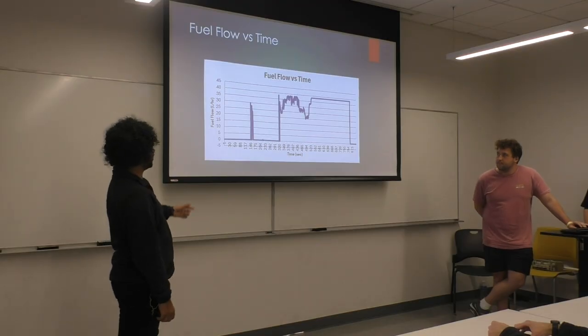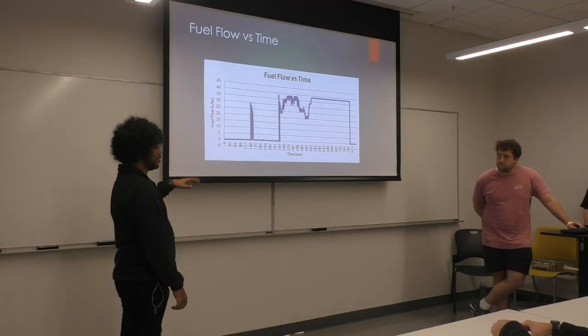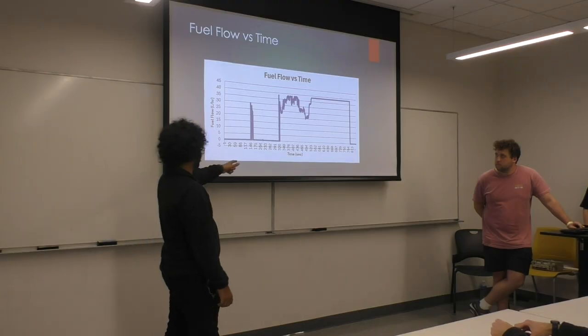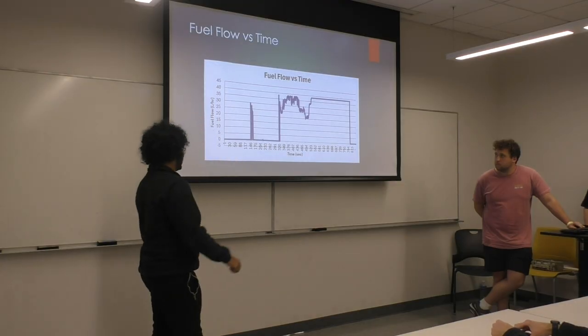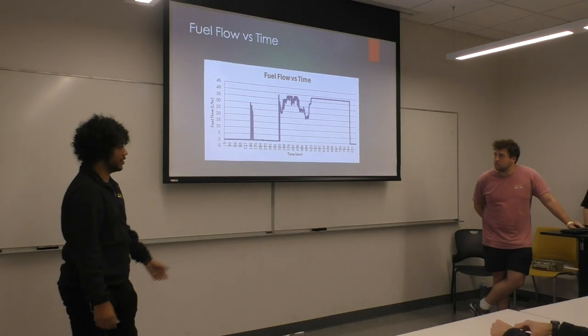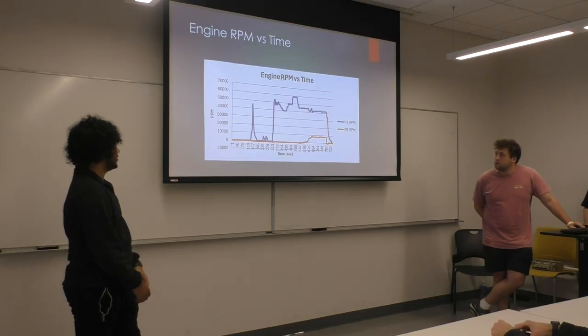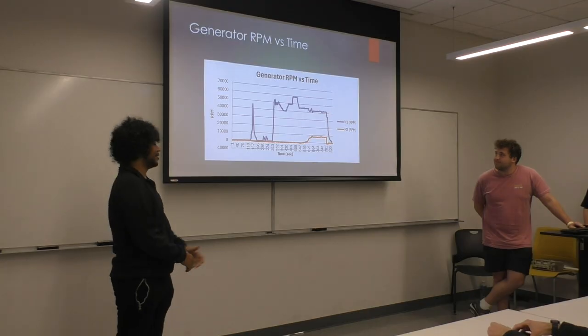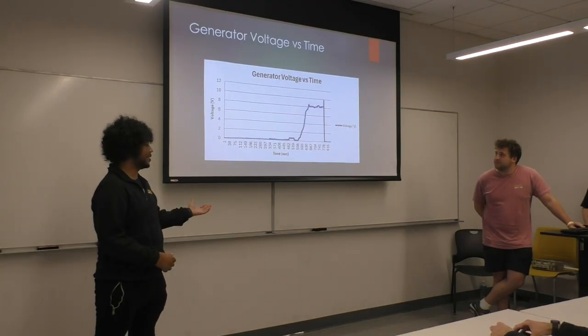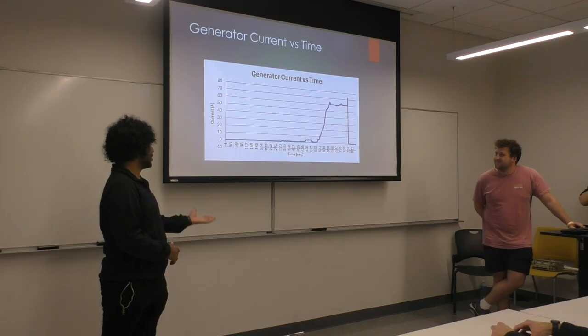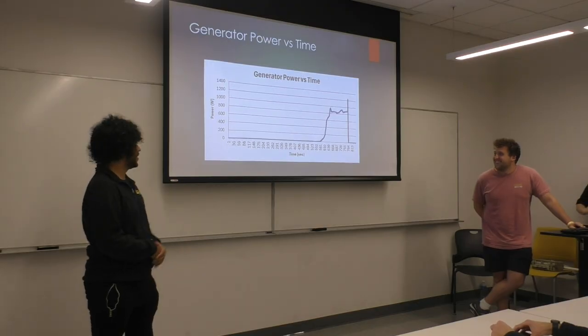So that was probably just a random measurement issue. And then there's once we started to apply the throttle and the fuel was going through. And then that's the engine RPM, generator RPM, generator voltage, generator current, and generator power.